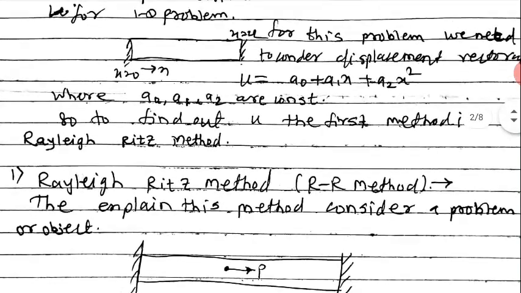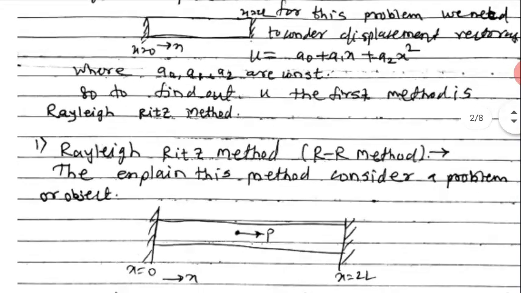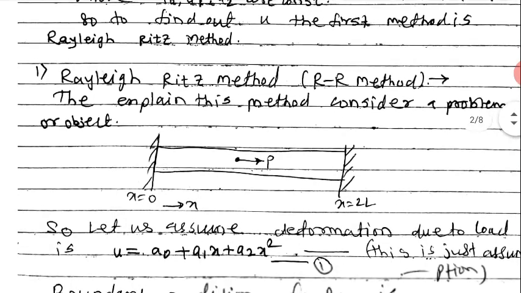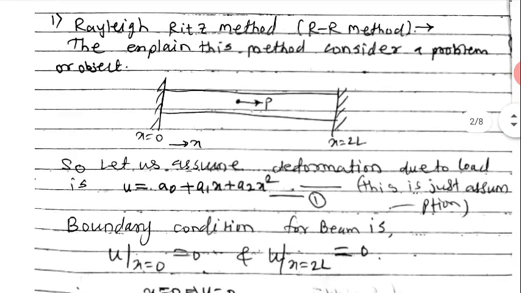To find u, the method is called the Rayleigh Ritz method. So we will follow the RR method, that is the Rayleigh Ritz method.